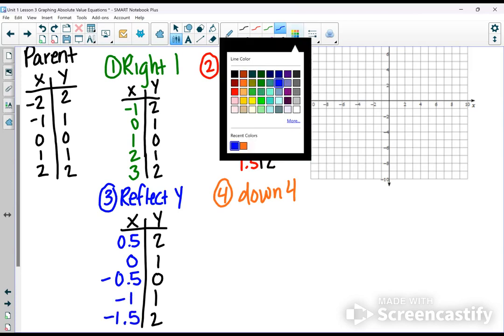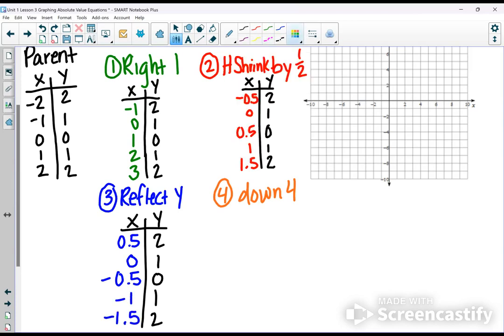And last but not least, we're moving down 4 by subtracting 4 from the y values this time. So this time I'm going to copy my most recent X values and subtract 4 from all of my y's here. So in order to go down 4, I'm going to subtract 4 from all of my y values.